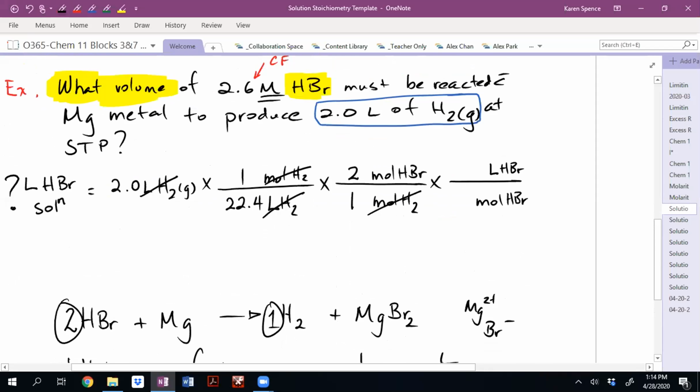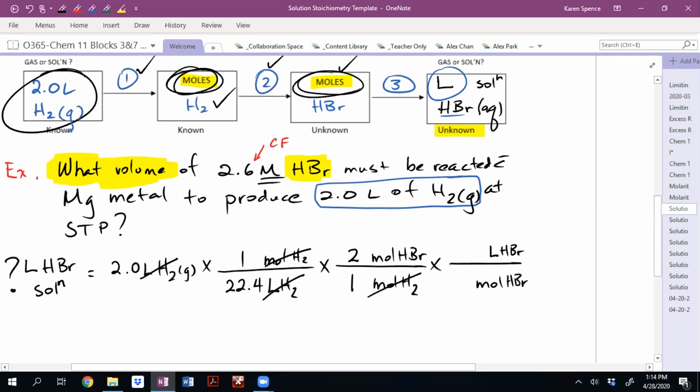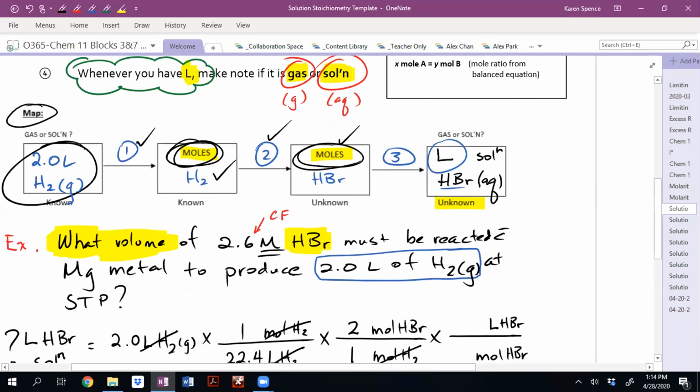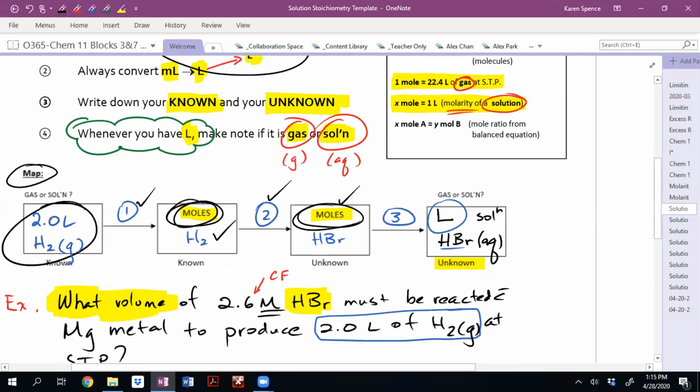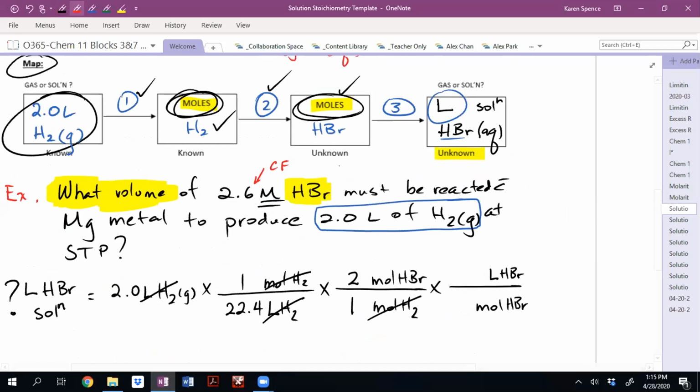Yes, we use the molarity. That's right. Absolutely. And that's why it's important. One of the other things that I said to do is always rewrite molarity as moles per liter, because that way you'll see that it is a conversion factor. So in this case, we have 2.6 moles of HBr per liter as our conversion factor there.